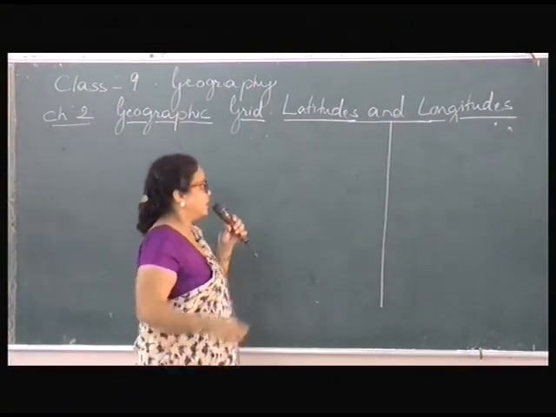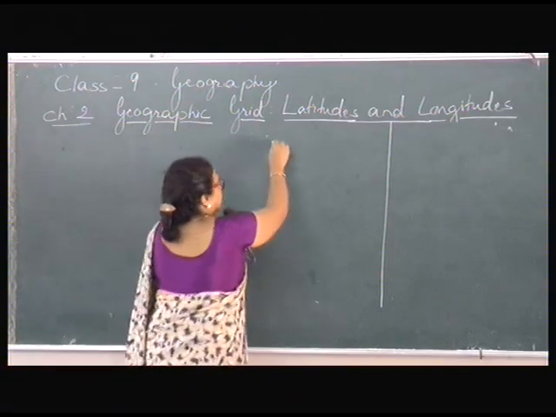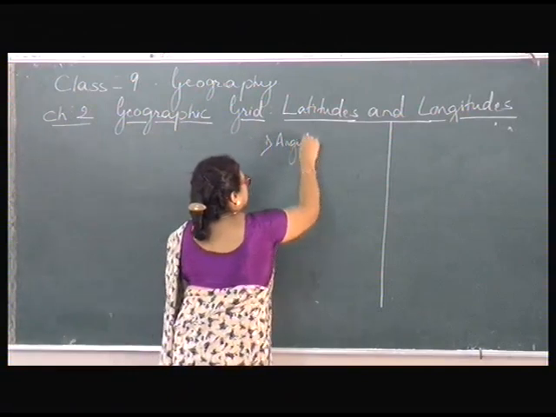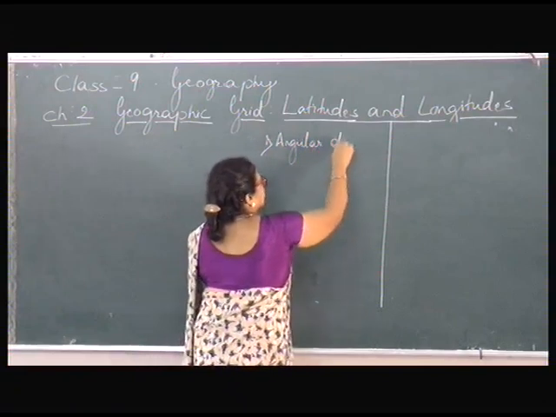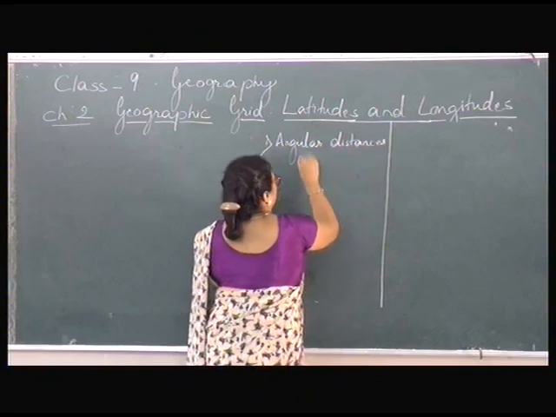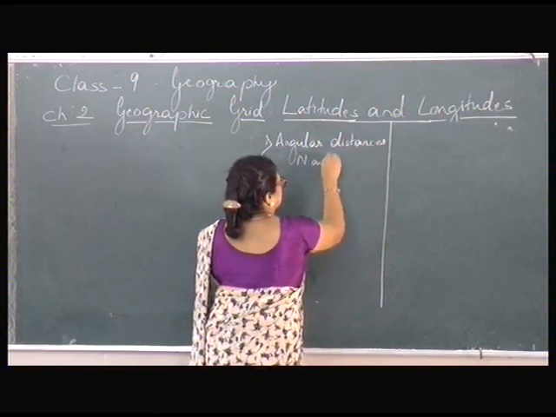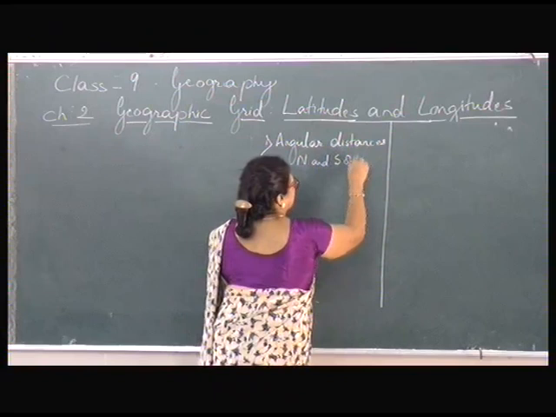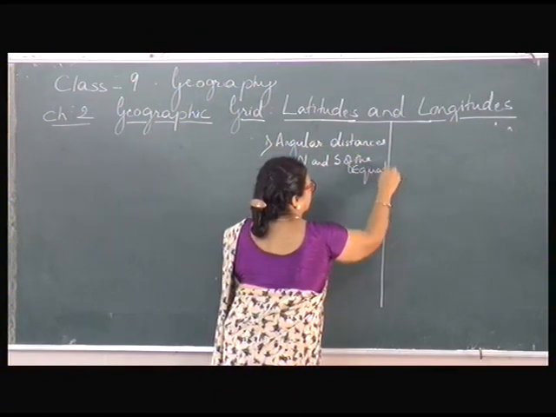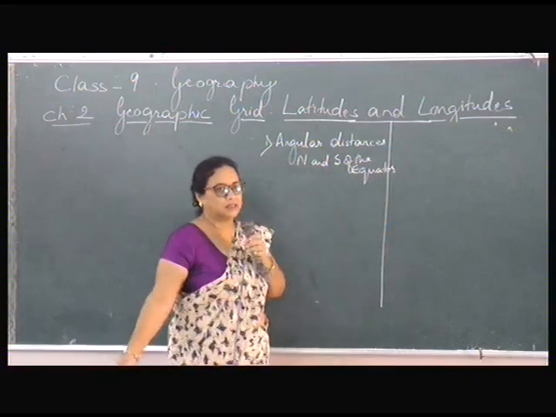Now, latitudes, how do we define them? We take the first point, they are angular distances, north and south of the equator. Clear?